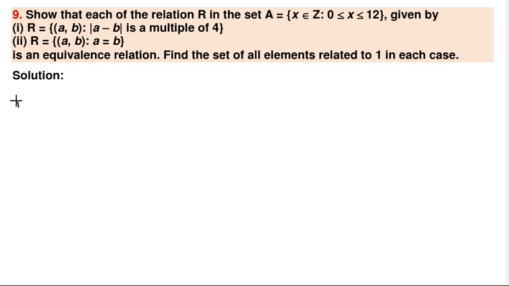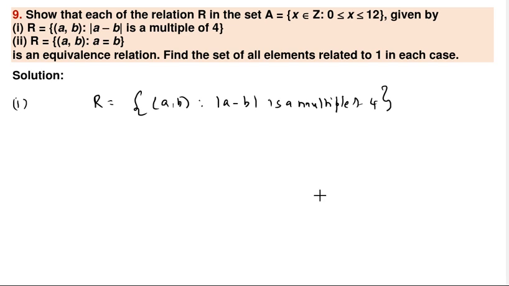Let us take subdivision 1: the relation with the condition that the absolute difference of the two elements is a multiple of 4. One by one we can test.